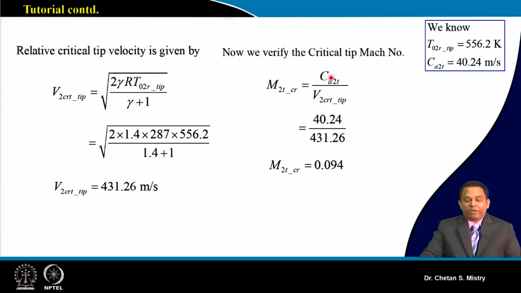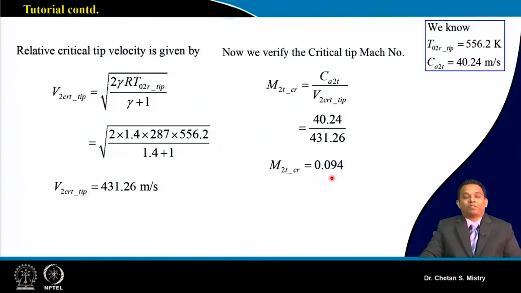This is my V2, but since beta is given as 0, we are writing this as CA2 divided by V2 critical, and this gives my relative critical Mach number at the tip as 0.094.